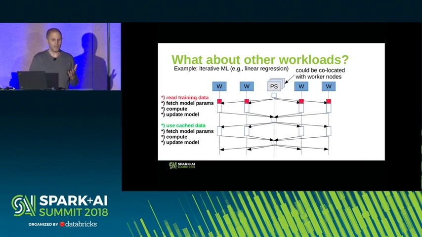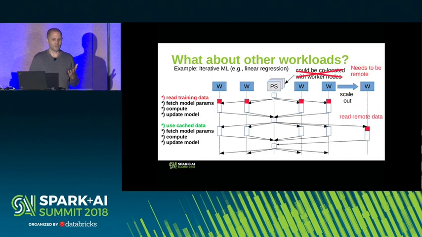Now, if you think about a serverless setup, some of these optimizations cannot easily be applied. For instance, it's no longer possible to co-locate the parameter servers with the worker nodes. Why not? Because the worker nodes are part of a compute cloud that dynamically grows and shrinks, so we cannot have the parameter servers be part of that set.